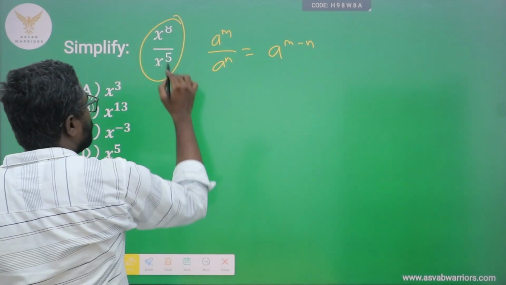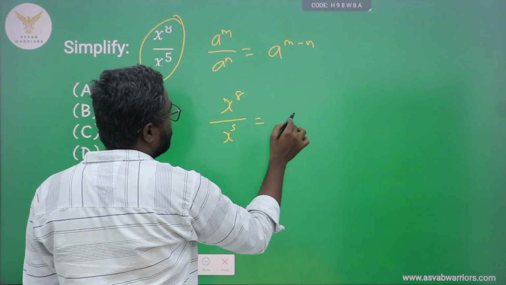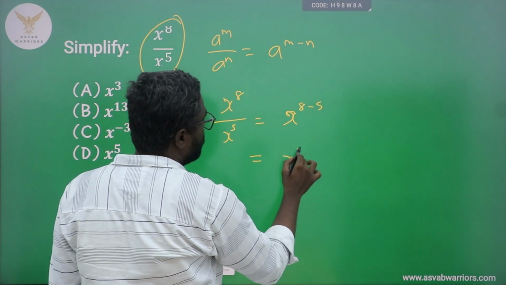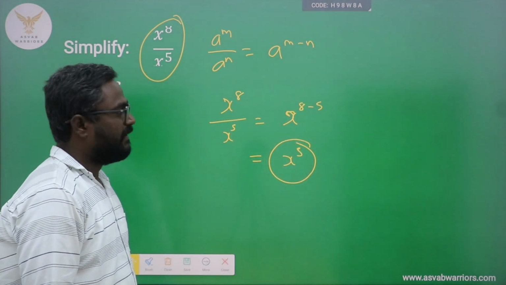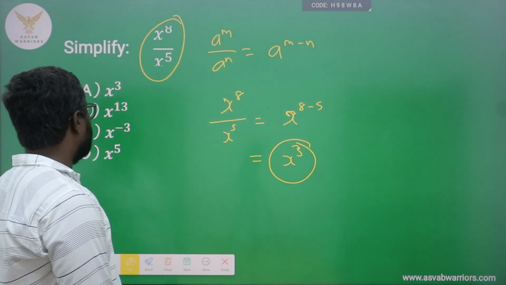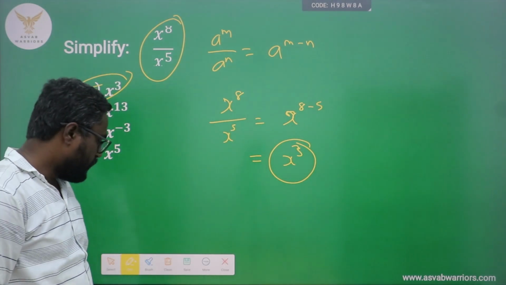So x to the power 8 over x to the power 5 is nothing but x to the power 8 minus 5, which is nothing but x to the power 3. It does look like a 5, but it is not a 5, it is a 3. So x to the power 3. Option A is correct. I hope you understood this.